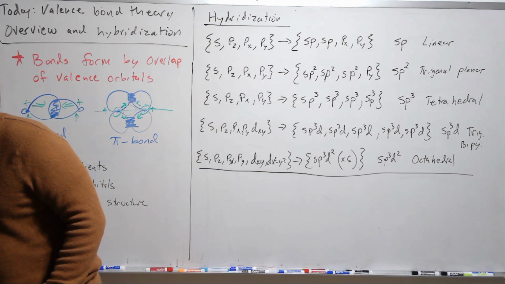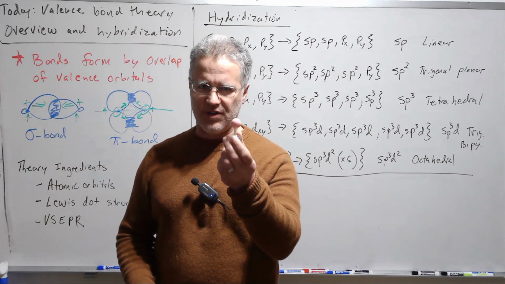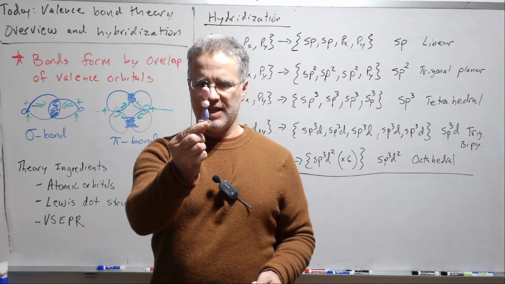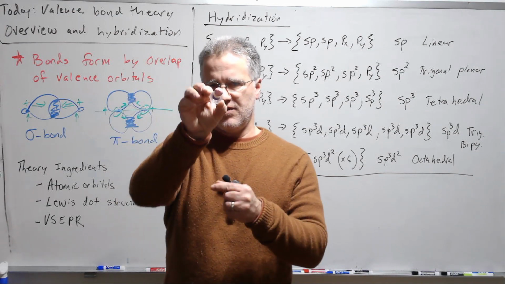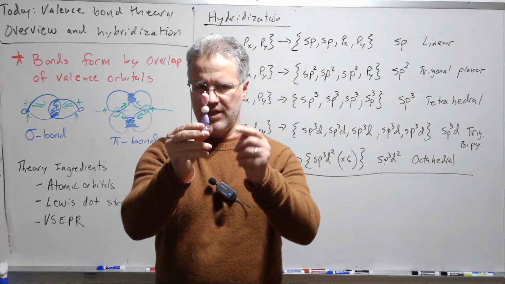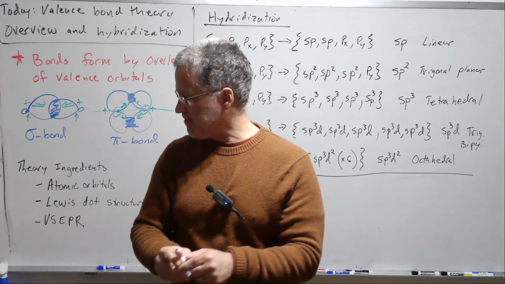We've got the s orbital, which is completely spherical, right? Then we've got the p's that are oriented like this, and then right at you. So px, py, pz, those three in the three orthogonal directions.